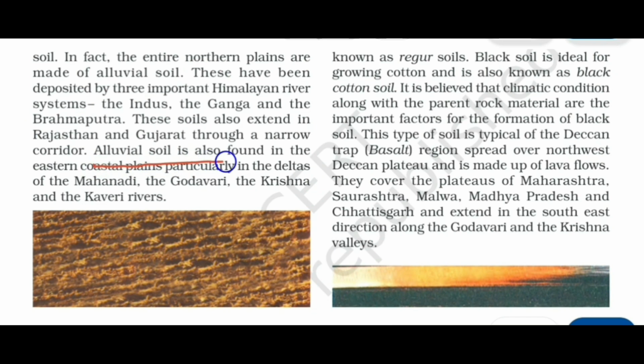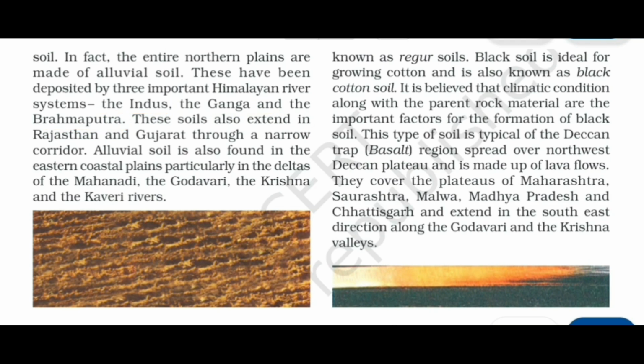Now alluvial soil is also found in the eastern coastal plains, particularly in the deltas of Mahanadi, Godavari, Krishna, Kaveri. So 2 areas are given over here. One is your northern plains made by 3 rivers, Indus, Ganga, Brahmaputra.